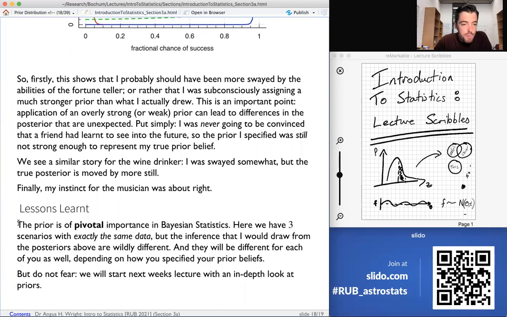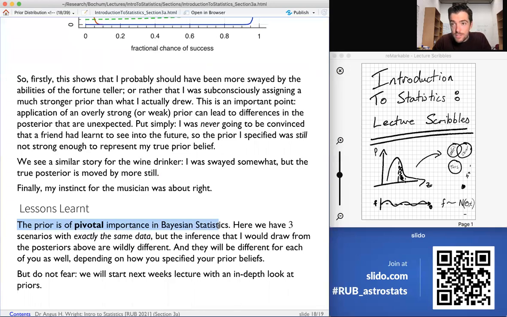The most important lesson that you need to take away from this is that every single one of these experiments had exactly the same data. They had 10 trials of a binomial with 50% chance, and every single one of them had an outcome of 10 correct answers.